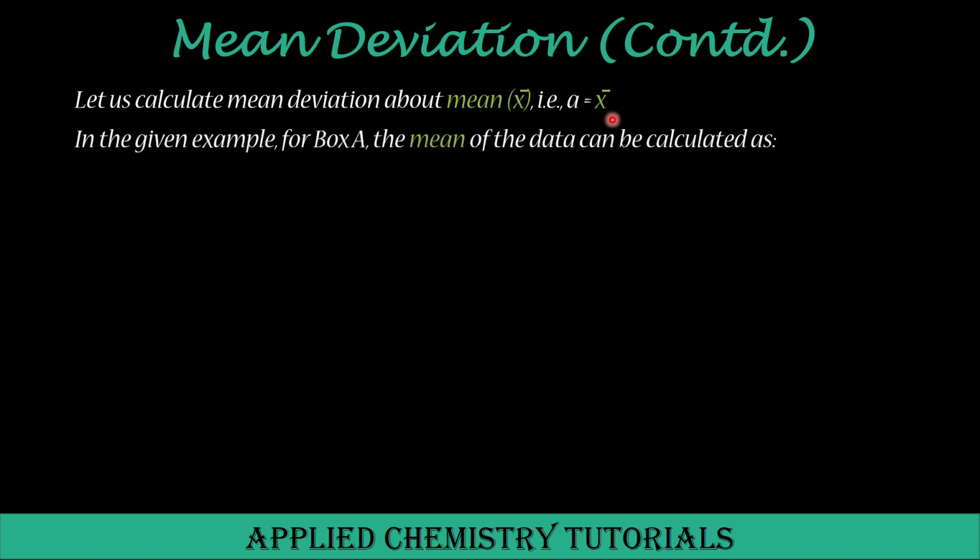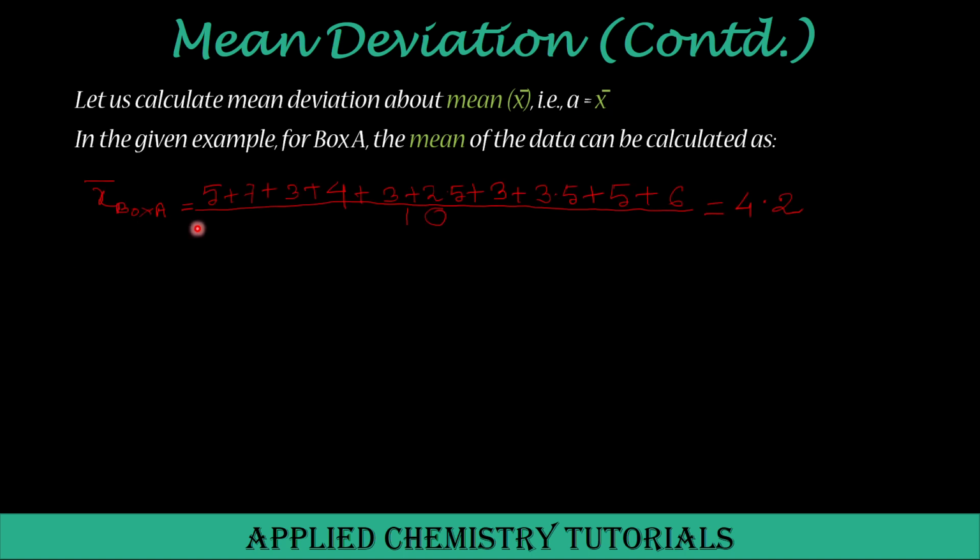In the given example for box A, the mean of the data can be calculated as x bar for box A equals 5 plus 7 plus 3, and so on, the original data, divided by the number of quantities, which is 10, which equals 4.2. So we can say that x bar for box A is 4.2 ml of diluted HCl.